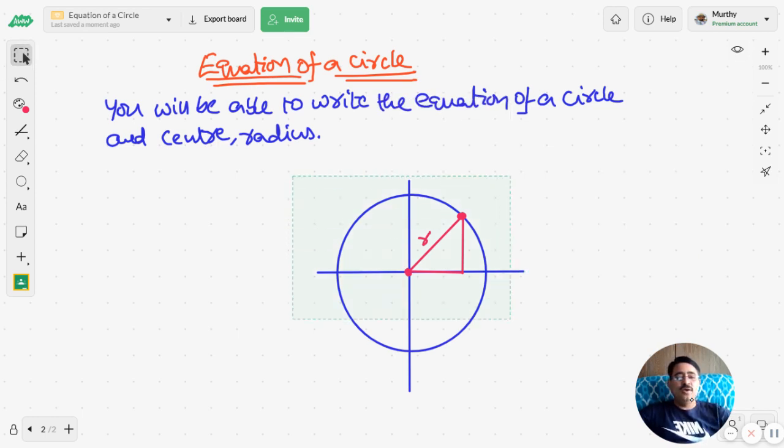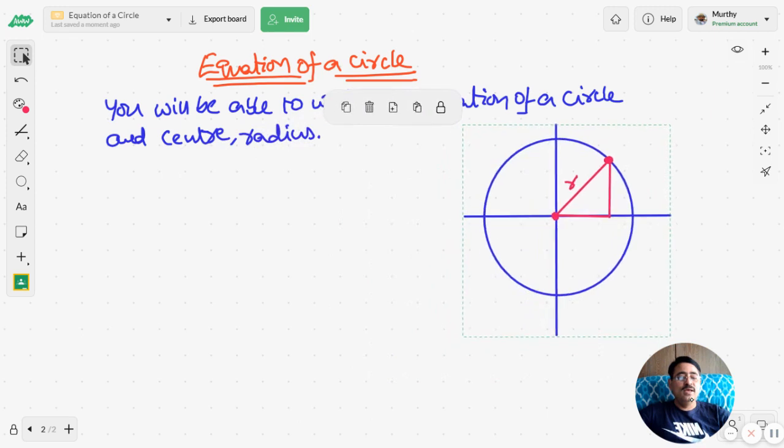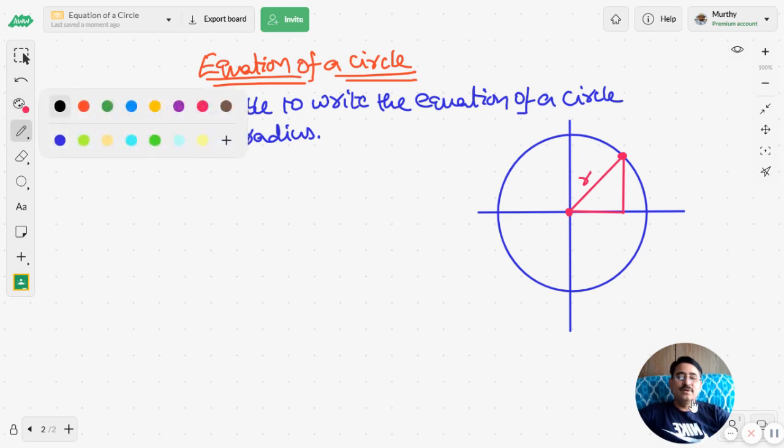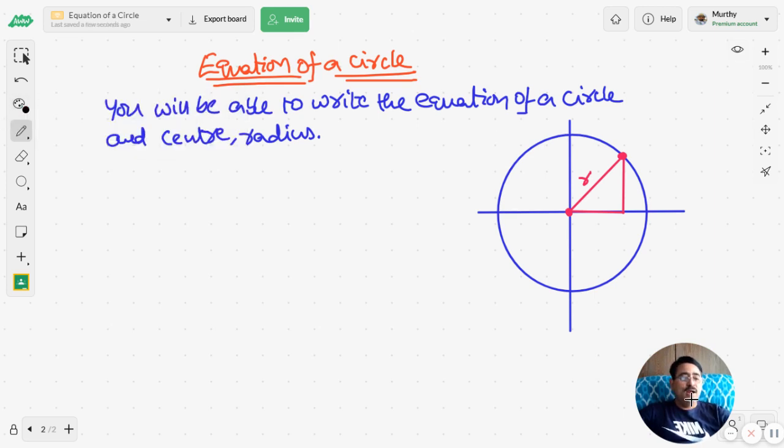Let's say that you are given a circle. In the circle, you have already identified the radius. On the x-axis, we don't know the distance. It could be 1, 2, 3, 4, 5, 6, any number. So let me take that horizontal distance equal to x units. It could be 4 units, 5 units, 6 units, whatever it may be.